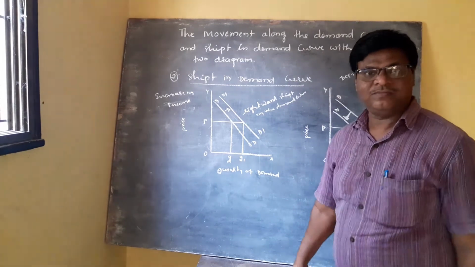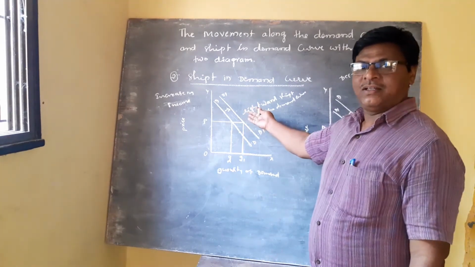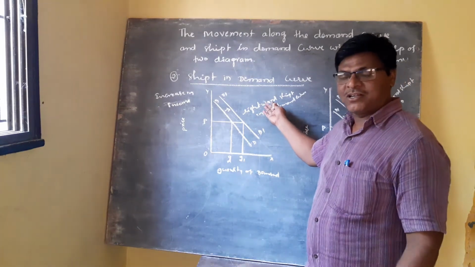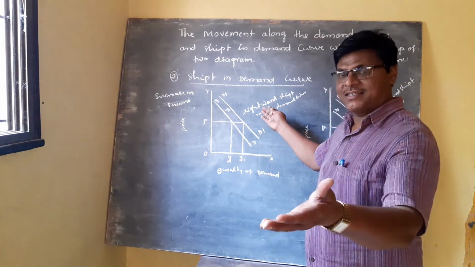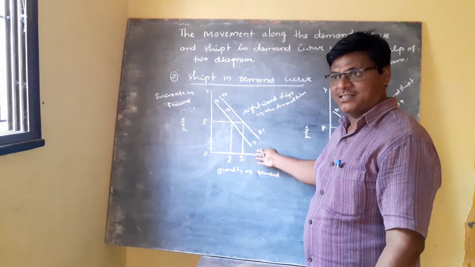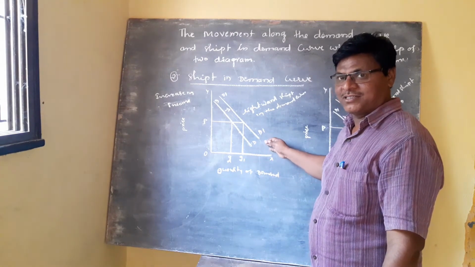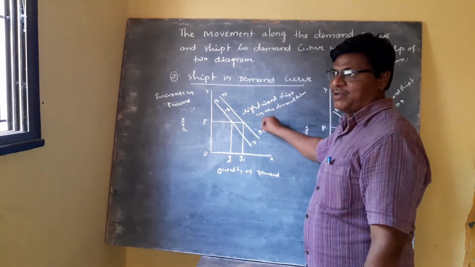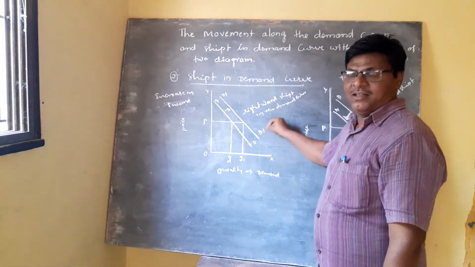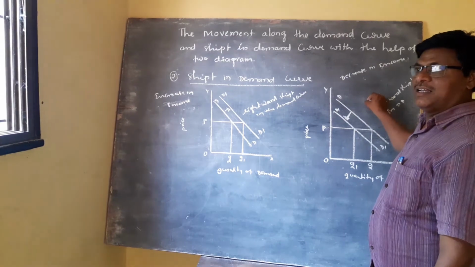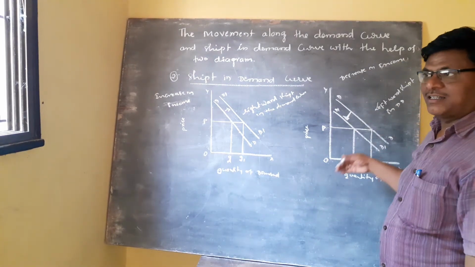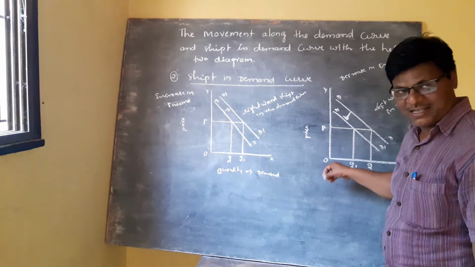Once again, when the demand curve slopes rightwards, the income of the consumer increases and the demand for the commodity also increases. The demand curve shifts from left to right. And when the income of the consumer decreases, the demand for the commodity also decreases.